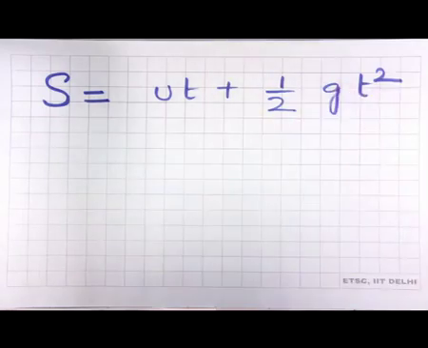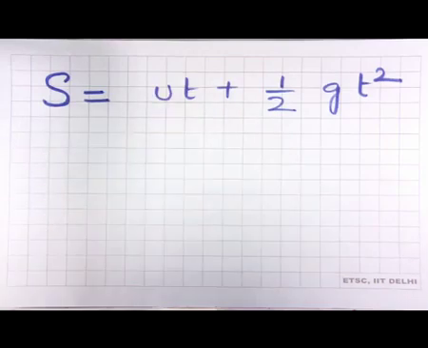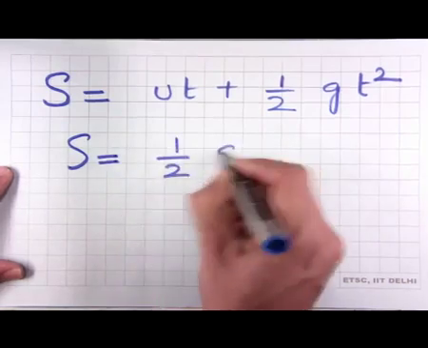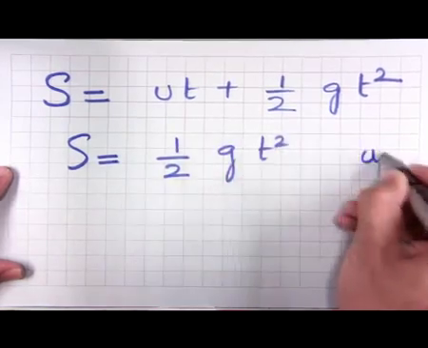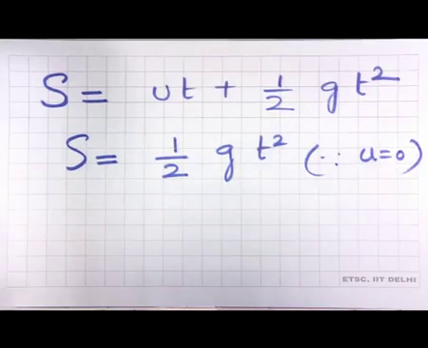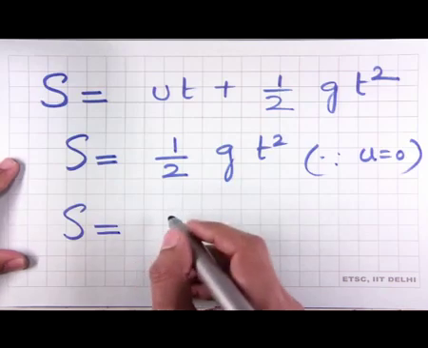So, acceleration is acceleration due to gravity, initial velocity is 0, therefore, S equal to half gt square, giving the approximate value of g as 9.8 meter per second square.